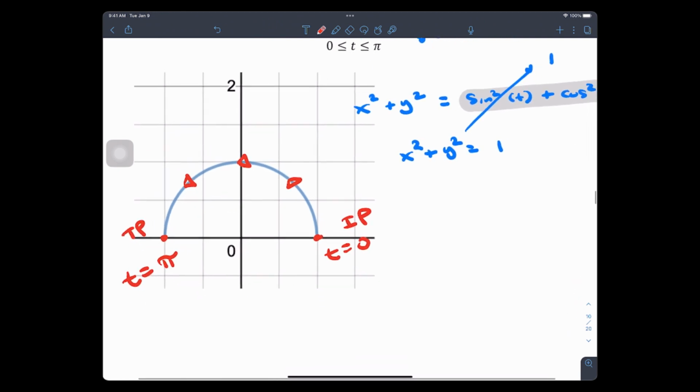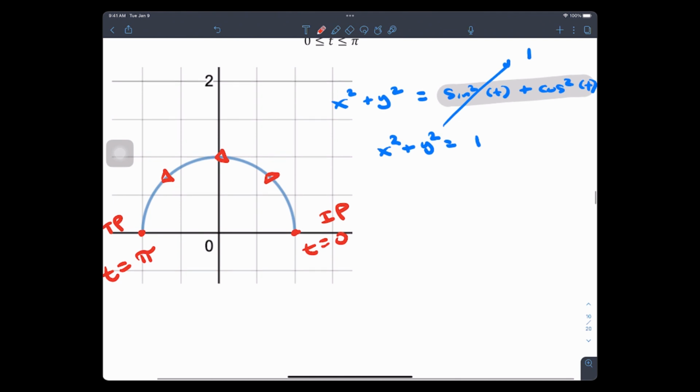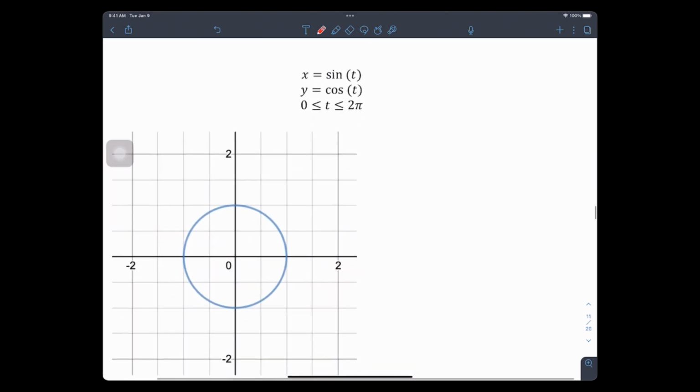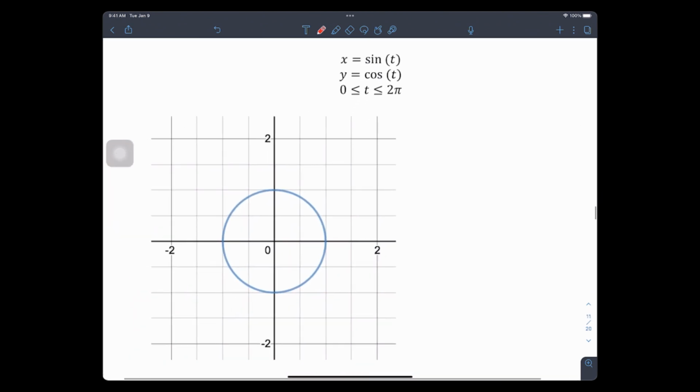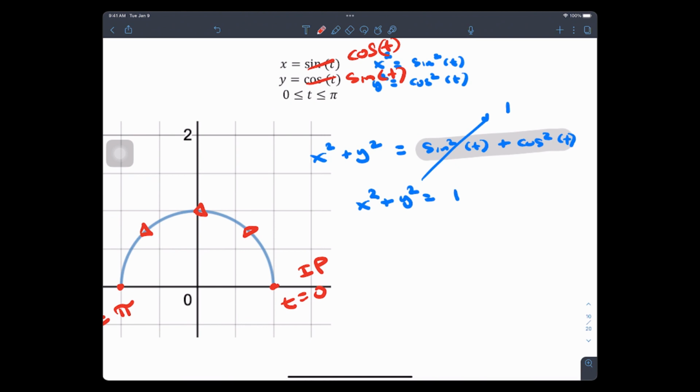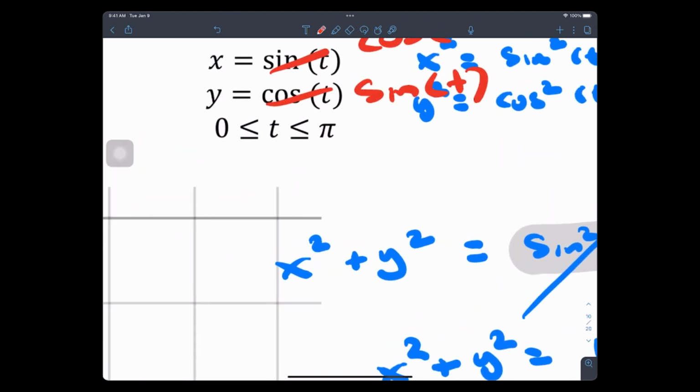Anyway, reminds me of this. There is some trig you need to know to answer some questions. You guys see what I'm saying? Here's a nice circle. How do we know this is the equation of the circle? What happened with the parameter t? And in all honesty, I know what I did.